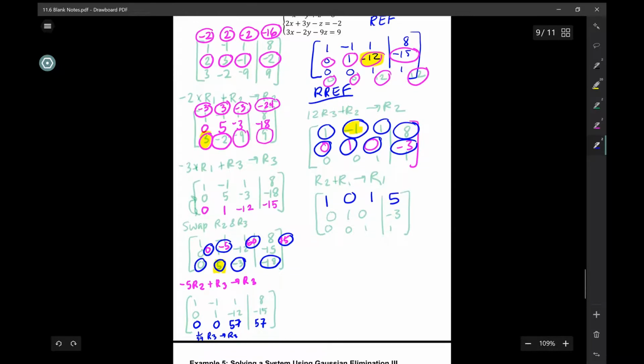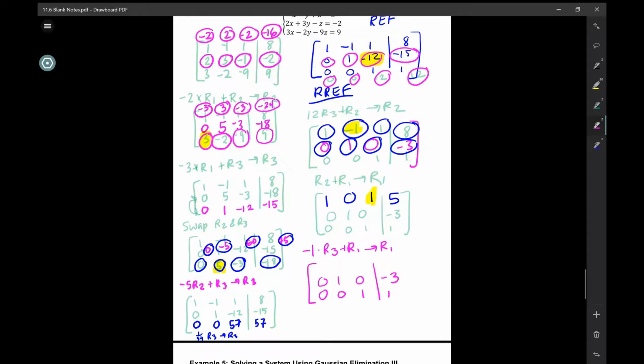We are really close. One more step. We just need to get rid of this one right here. And so what we're going to do is we're going to do negative 1 times row 3 plus row 1 replaces row 1. 0, 0, 1, 1. We're not mucking with row 3. We're not messing with row 2.